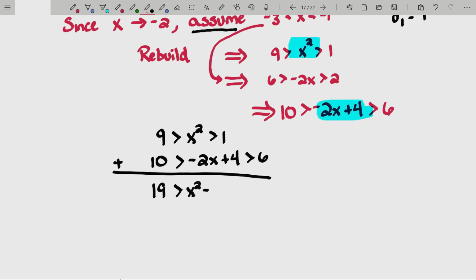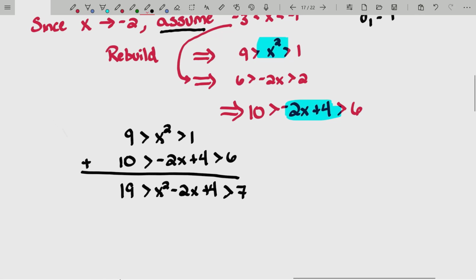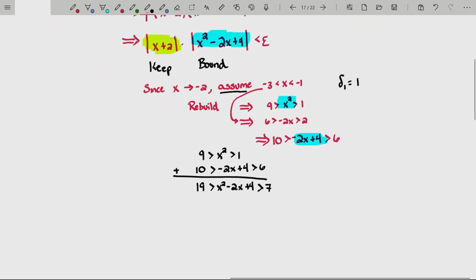The summation itself is x squared minus 2x plus 4. And that is greater than 1 plus 6 or 7. Now, I'm going to finish this out and then I'm going to come back and talk to you about why those inequalities have to be matched up.